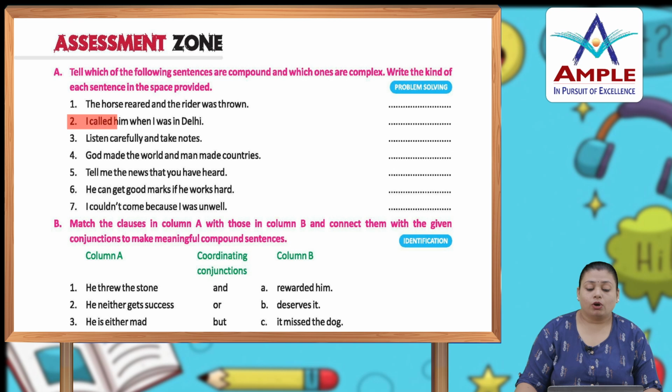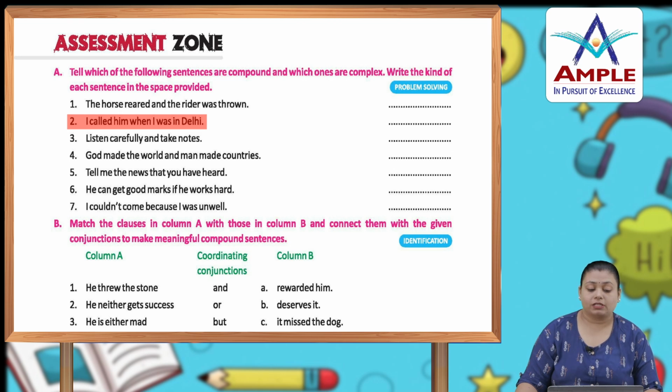Number 2. I called him when I was in Delhi. I called him. Here "when" is a conjunction. I was in Delhi. Both are giving you a proper sense, and both sentences are connected with the conjunction "when". So this is a complex sentence.